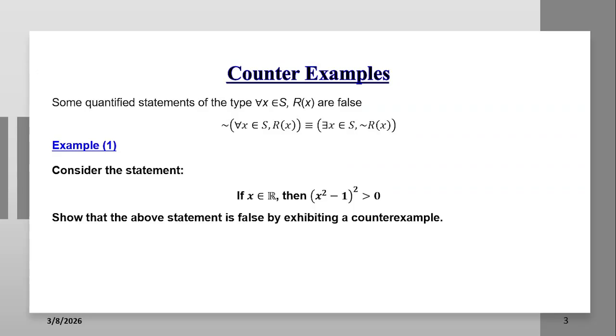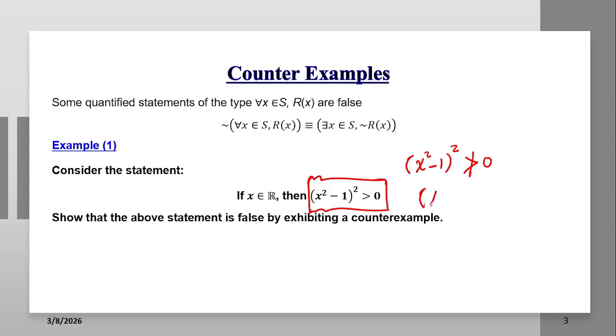So now in example 1, consider the statement: if x belongs to the set of real numbers, then (x squared minus 1) to the power 2 is greater than 0. Show that the above statement is false by showing a counter example. We are looking here for a counter example for this statement, which means that we are looking for (x squared minus 1) to the power 2 not greater than 0.